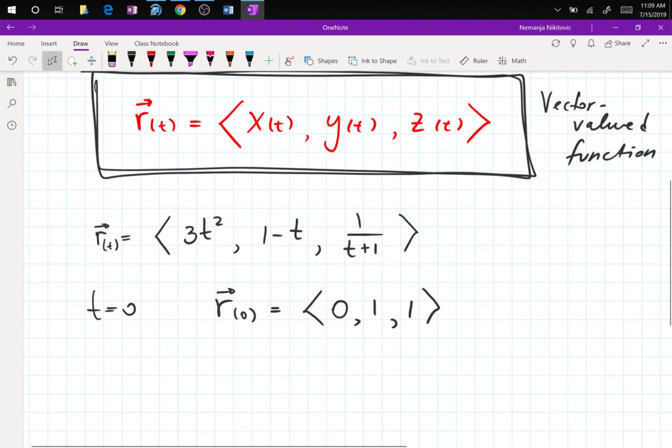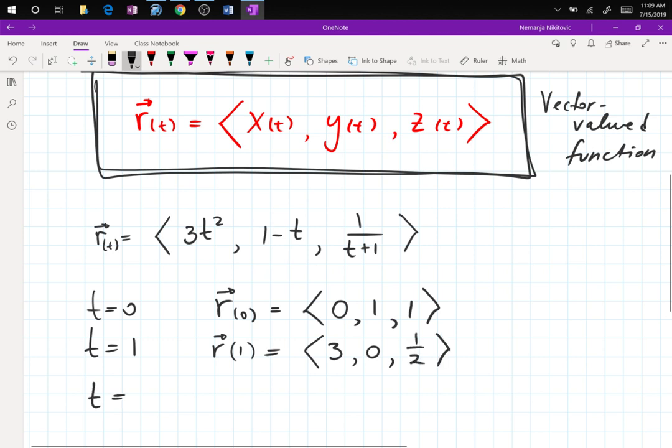So for the time input of 0, you get a vector 0, 1, 1, which points to location 0, 1, 1, a point where the function starts. And now, by figuring out other points, you can trace the vector in space. So now this is 3, 0, 1/2.